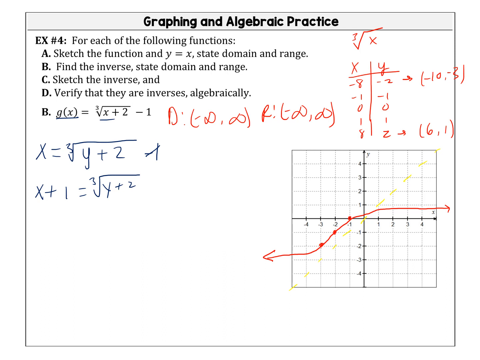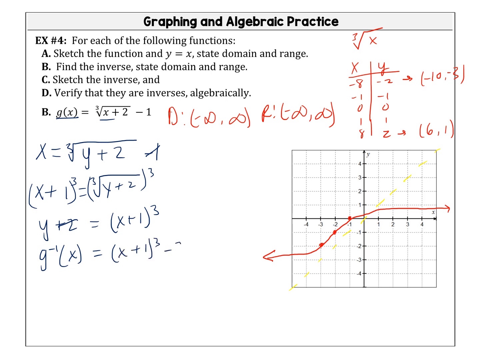Then I'm going to cube both sides. We're left with y plus 2 equals x plus 1 cubed. I'm going to subtract 2, which leaves y by itself. So my inverse equals x plus 1 cubed minus 2.